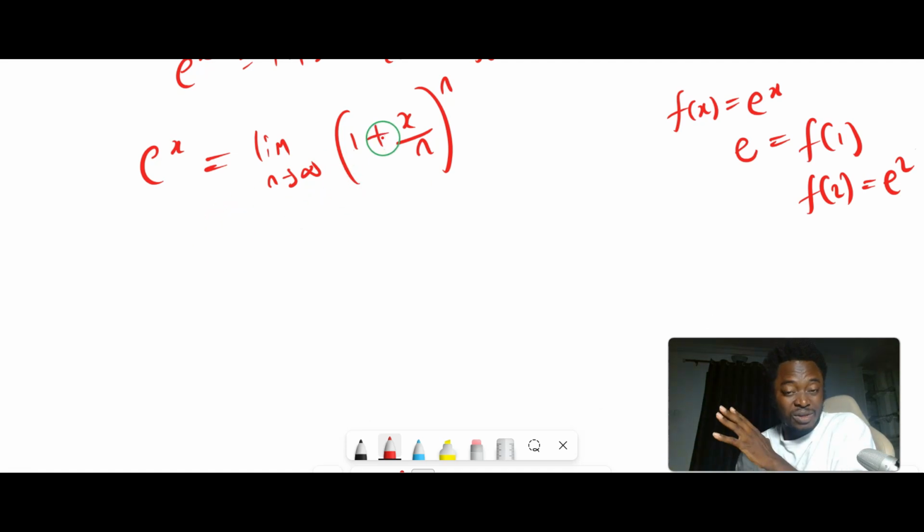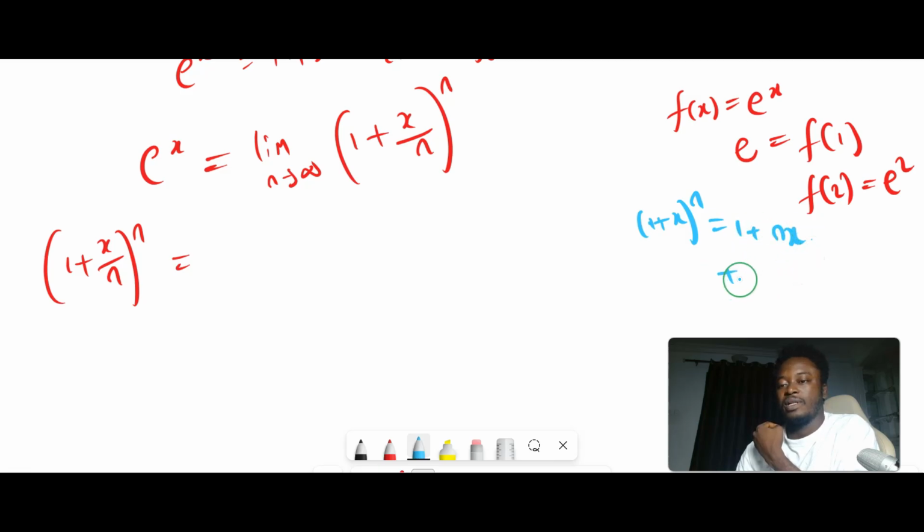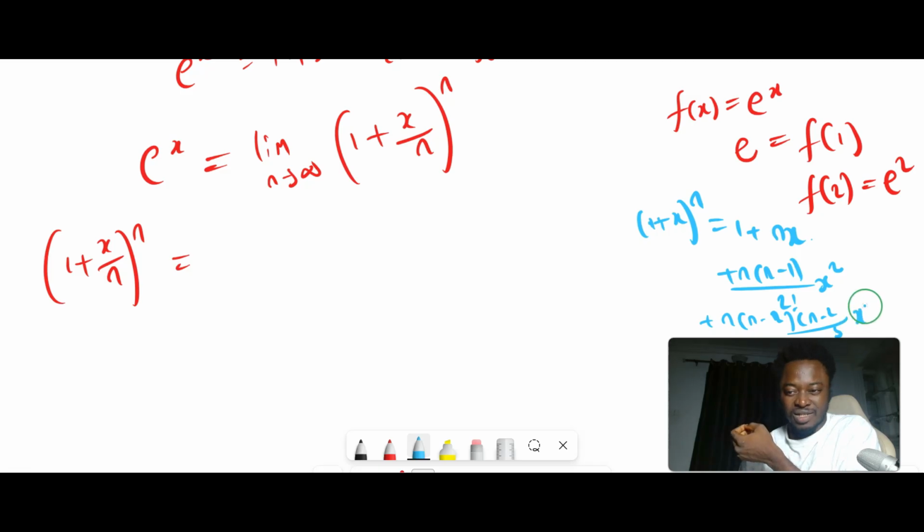To do that we're going to use the definition just like we did before, but let's forget about the limit first. Take (1 + x/n)^n. If you recall the previous video, the binomial theorem says (1 + x)^n equals 1 + nx + n(n - 1)/2! x² + n(n - 1)(n - 2)/3! x³ and so forth.